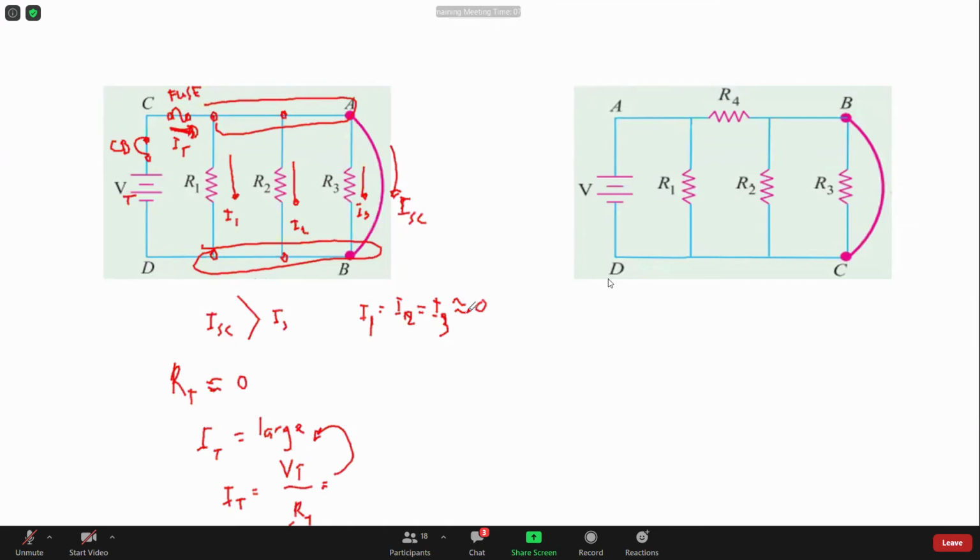So majority of those who answered kato yung gipili nga answer, no? But that was wrong. That is because ang correct answer is current will pass, majority of the current will pass through the path with the least resistance. No? So majority means that some of this current, no, is still in the path you have resistance.